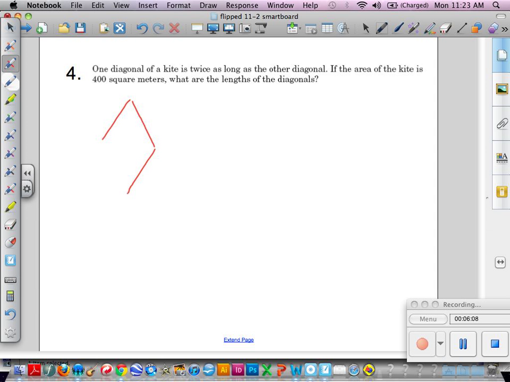The top two are equal, and the bottom two are equal. One diagonal is twice as long as the other one. So I don't know this diagonal, so I'm going to call it X. The other diagonal is twice, so this is called 2X.